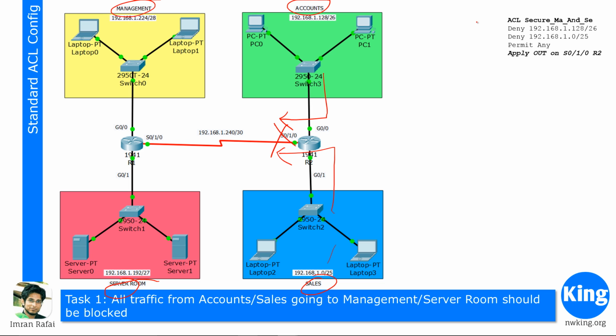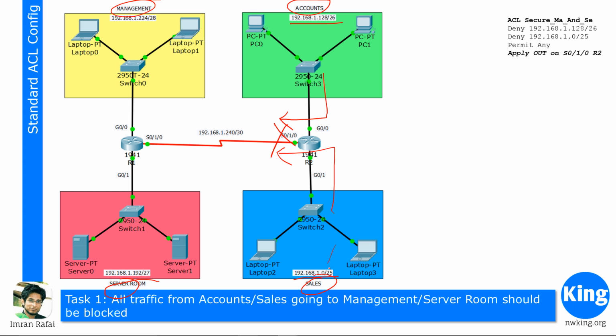Now the ACL says deny 192.168.1.128/26, that is this one, the entire accounts network /26. Or it says deny 192.168.1.0/25, which is the entire sales network.